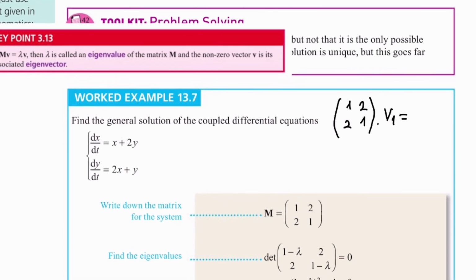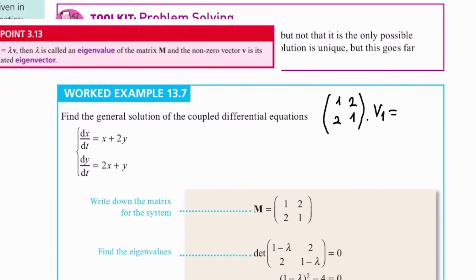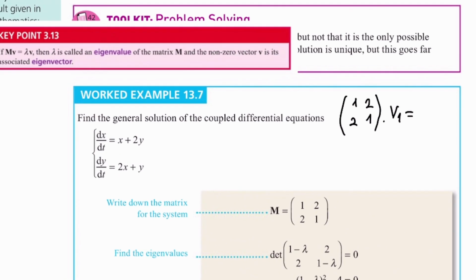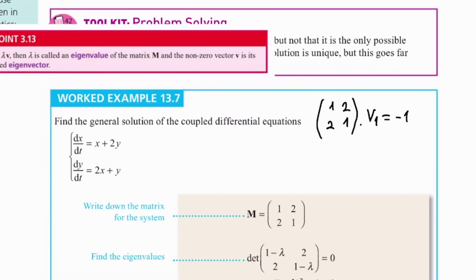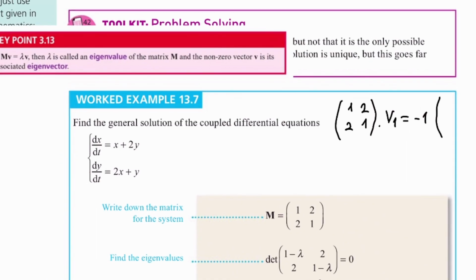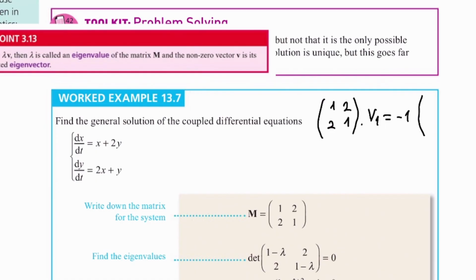Lambda is our eigenvalue, and we found minus 1 and 3. Instead of the eigenvector V, I'm going to write x and y, so let's define our eigenvector as x and y. Now you need to multiply and find the eigenvector.